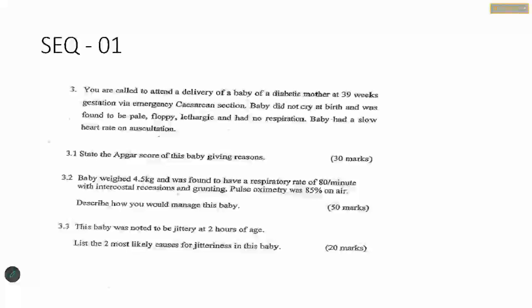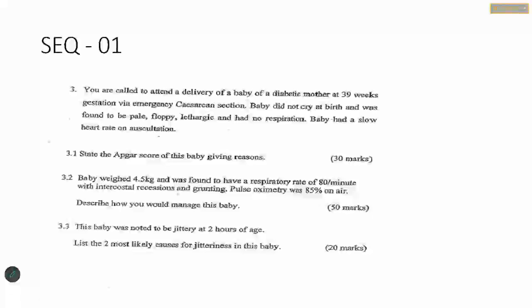They haven't mentioned any specific condition with that. The problem is a diabetic mother and a large baby, so we can guess the child may have surfactant lung disease, but we are not sure about anything. So how would you manage this baby? They are asking for the initial management, and they are giving 50 marks, so we have to approach this question broadly.